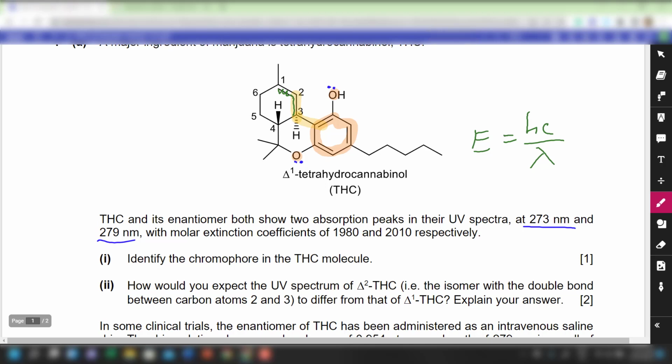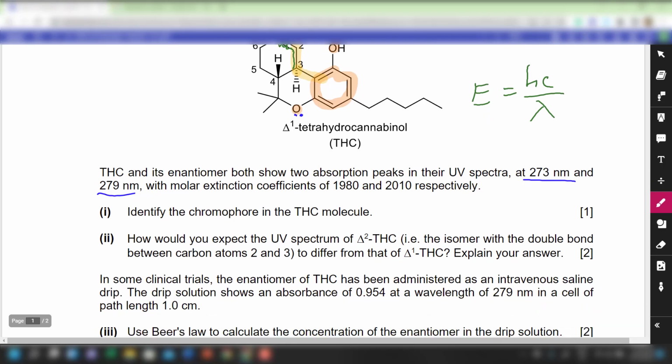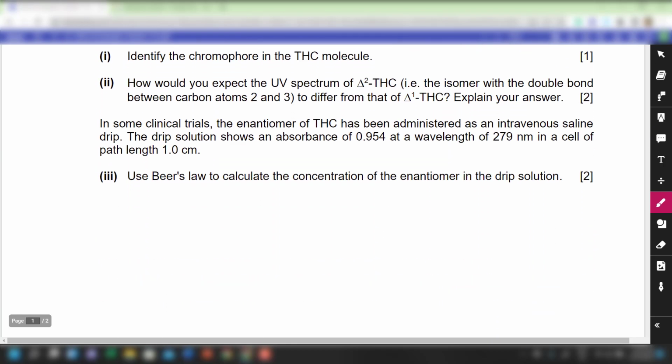With this idea in mind, you should be able to highlight to the examiner that, number 1, the system becomes more conjugated due to the fact that the C2 and C3 double bond will be conjugated with the phenyl ring, followed by the fact that the greater conjugation will narrow the HOMO-LUMO gap, and because of that you expect the absorbance to occur at a longer wavelength. Okay, so that is how you link up and draft your answer.